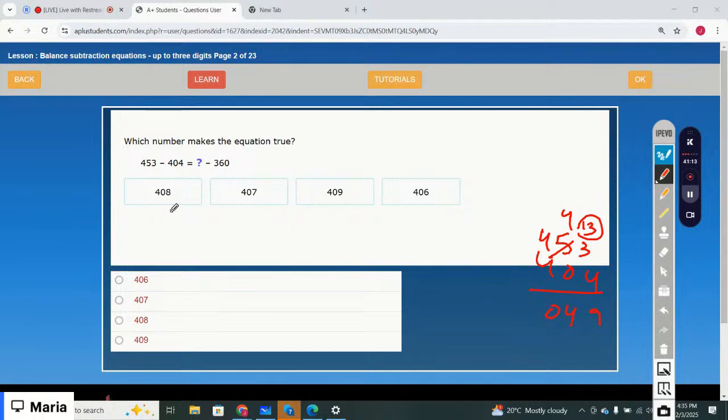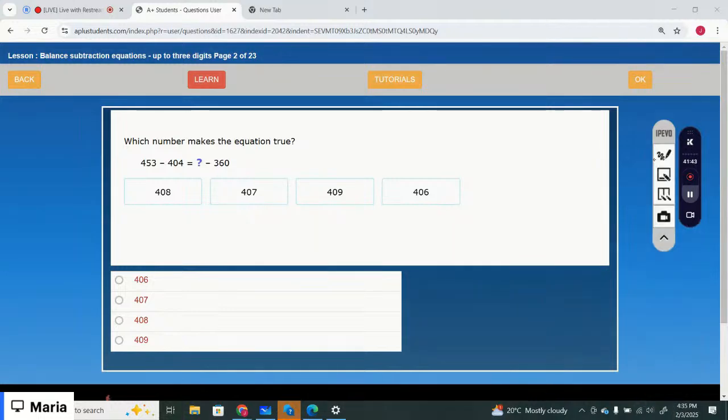That is 49. So 49 is equal to missing number minus 360. So just add 360 to both sides, that is 409. The correct option is 409. Option number 3 is the correct option, that is 409.